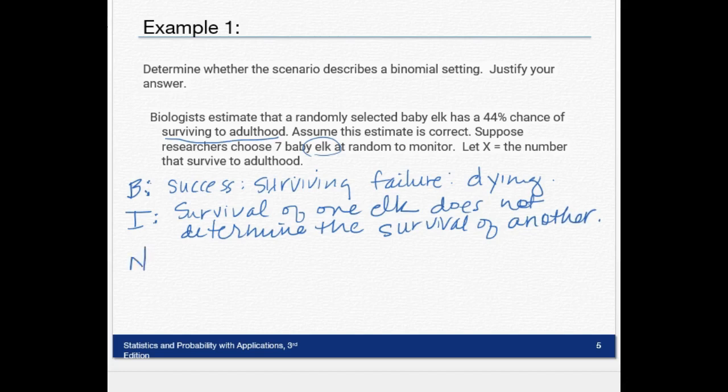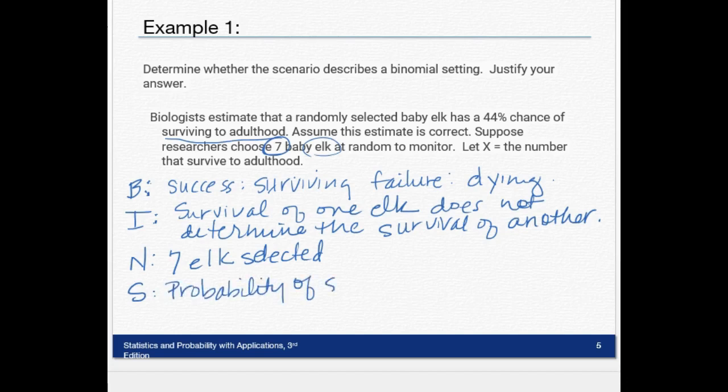N is for a distinct number of trials. Well, how many baby elk did they choose? They chose 7. So in this case, we know that 7 elk are selected. And S is the probability of a success. In this case, it's the probability of survival, and they told us that. P is equal to 0.44.